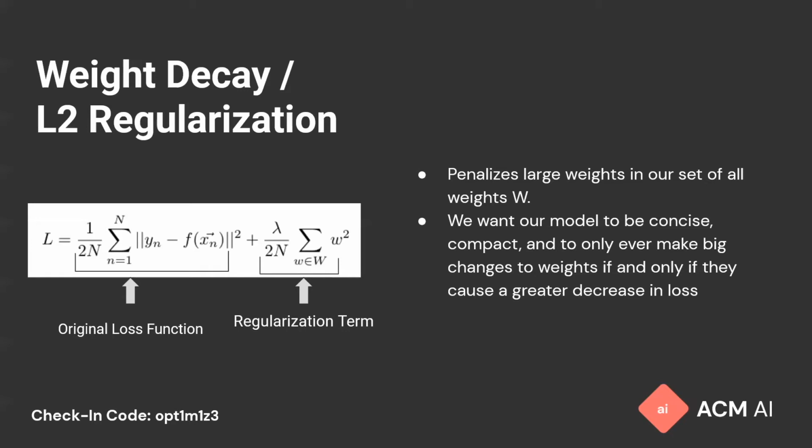And as for why we would want to do something like this, maybe Joseph can add on to this, but from my understanding, you're basically going to reduce your model from having very large slopes.